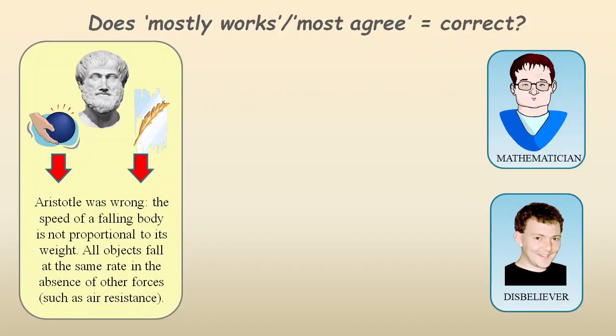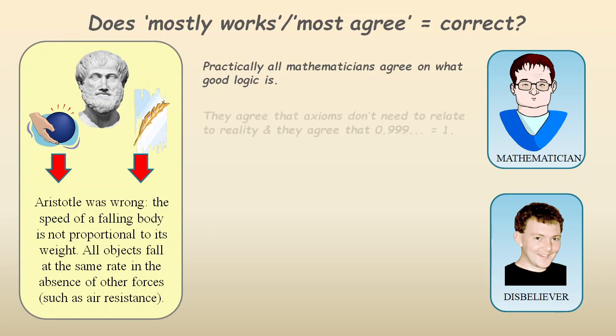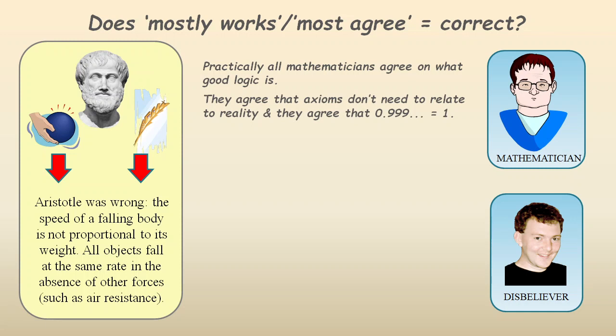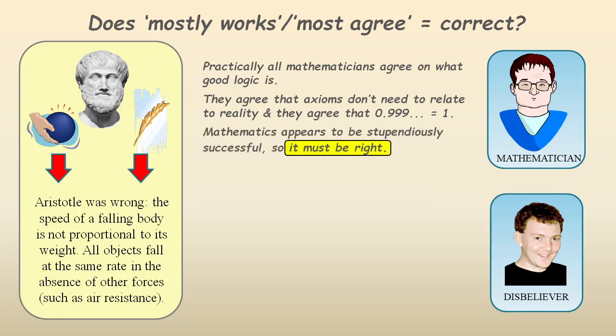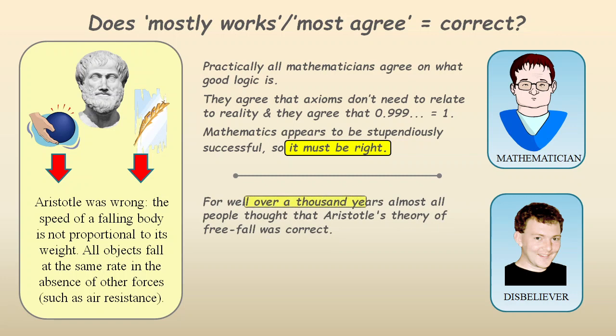A similar argument is that most mathematicians agree on what they consider to be correct logic. And they agree that axioms don't need to relate to reality. And as already mentioned, it is stupendously successful. And so for all these reasons, it must be right. But for well over 1,000 years, almost all people thought that Aristotle's theory of free fall was correct.